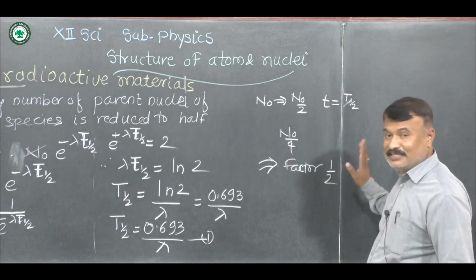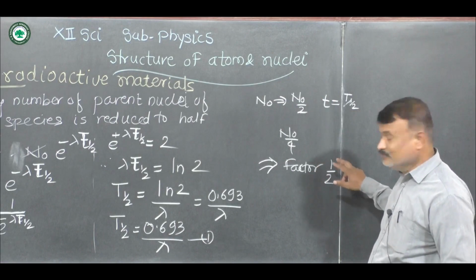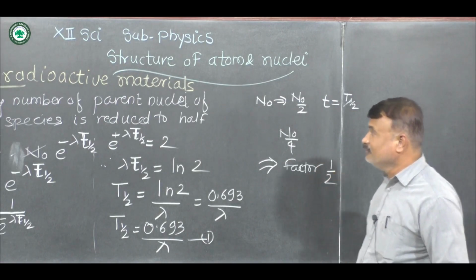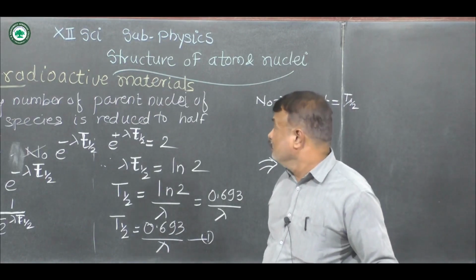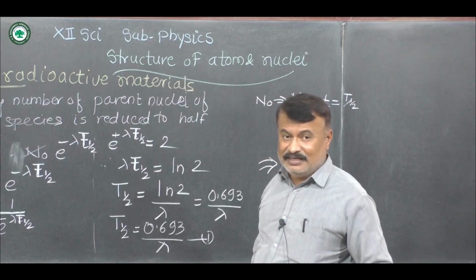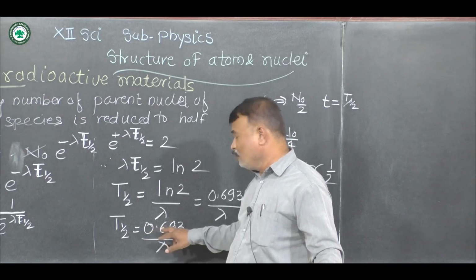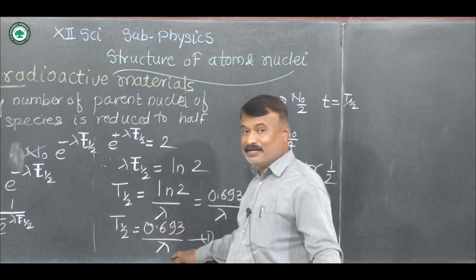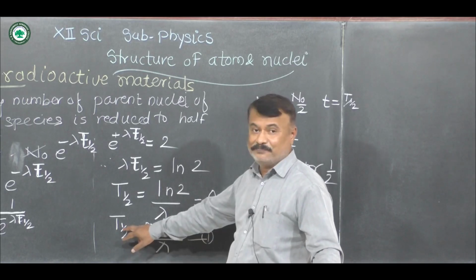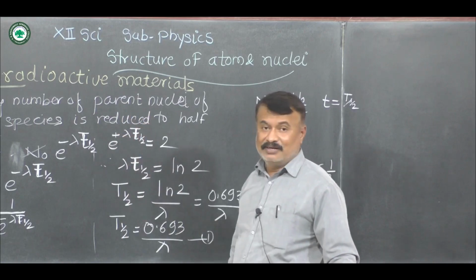In this way, it reduces by a factor of half. So this is about the half-life of radioactive material. So half-life is 0.693 upon lambda. This is the half-life time for radioactive material.